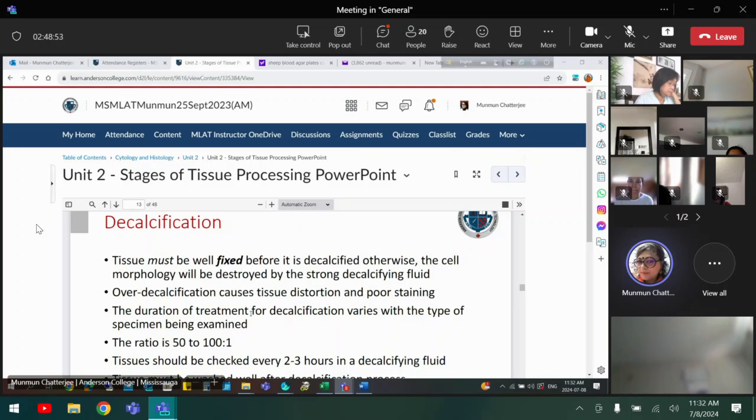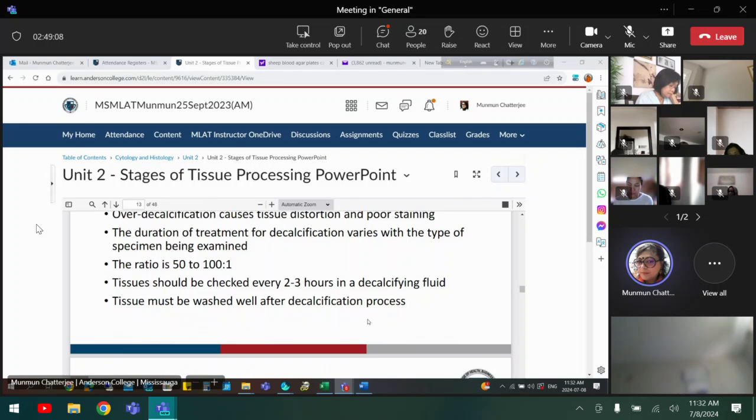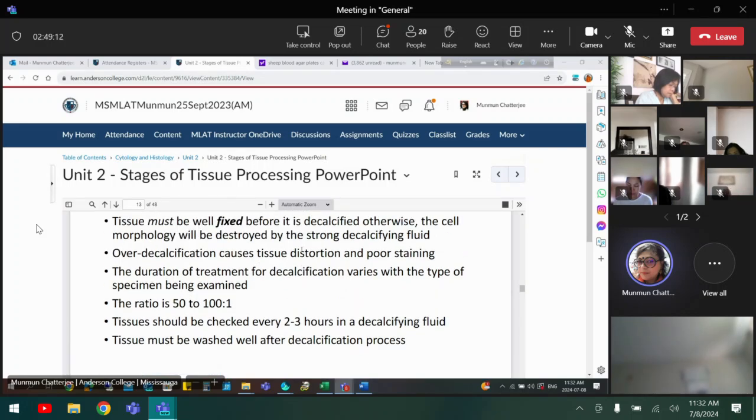These are the different steps. If you over decalcify too much, the tissue will be distorted and you can get poor staining. Again, the duration of the treatment matters.